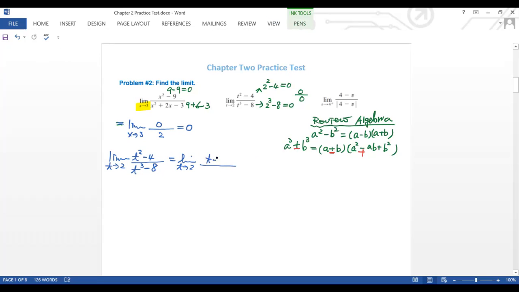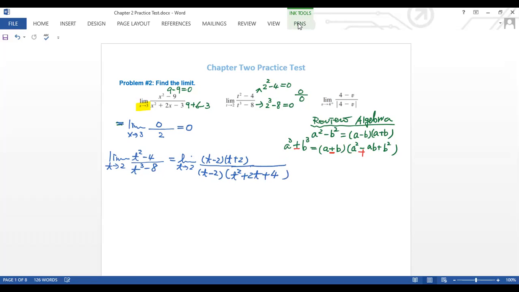So I can say it's t minus 2 times t plus 2. Then here I have t minus 2 times t squared plus 2t plus 4.